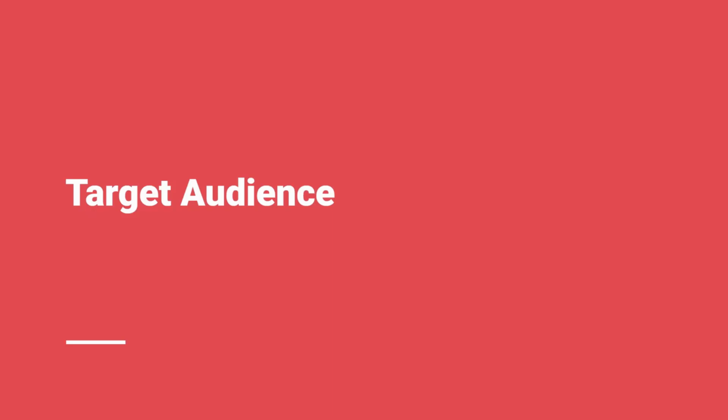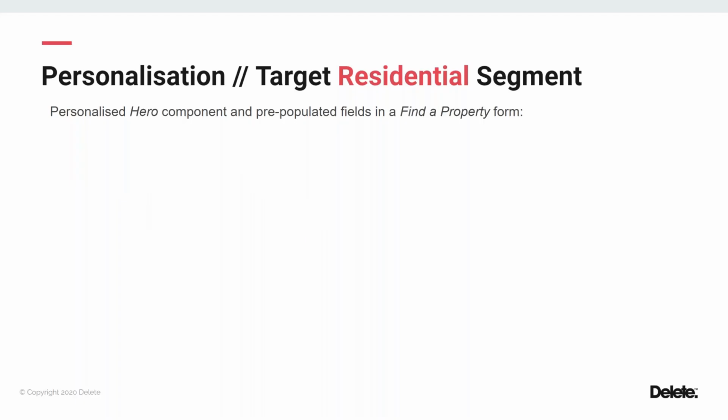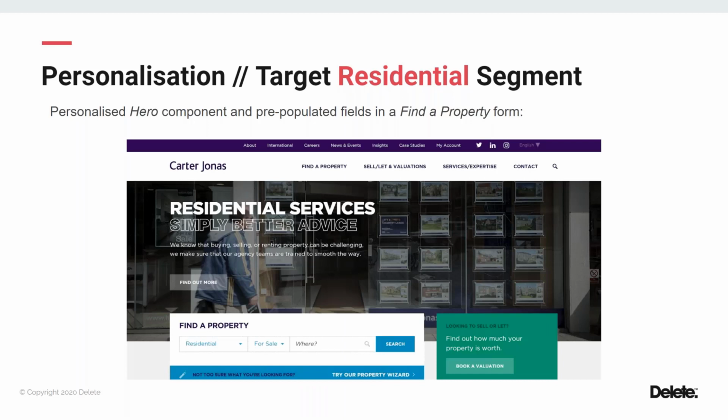And now we'll just follow one of the audiences and see how the website is being adjusted as we're personalizing content. Let's start from the home page. So as we've seen, we've got a hero banner, which is personalized, and then we are also pre-populating fields in the Find a Property form.